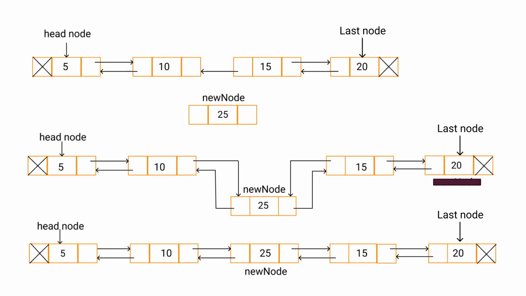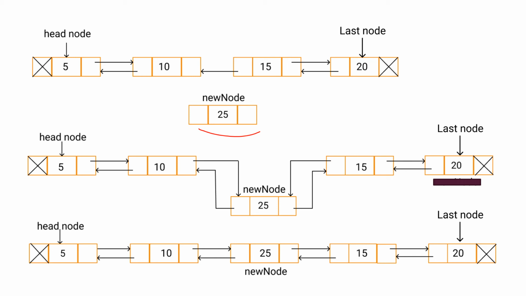Here is the example for insertion in the middle of the list. Let us assume the new node with data 25 is the node which we want to insert at position 2 in the linked list. For that we need to travel from the head node.